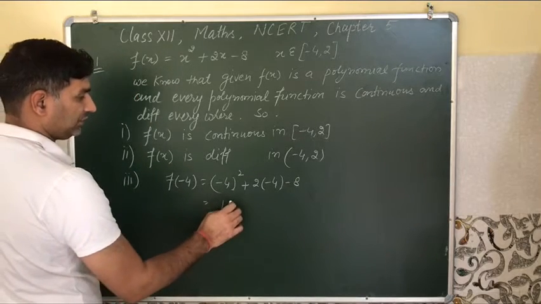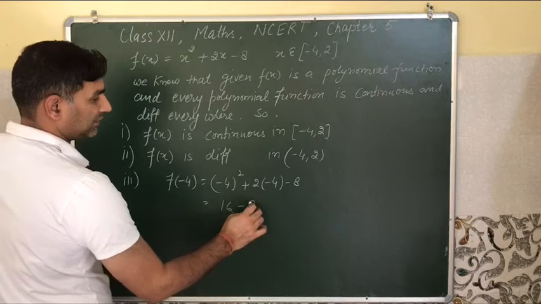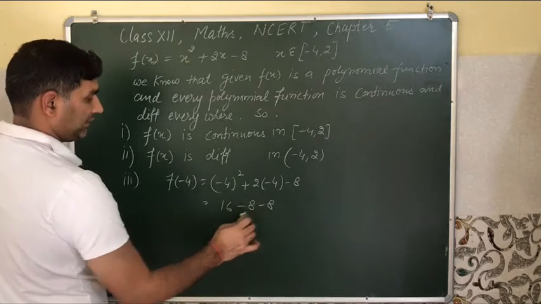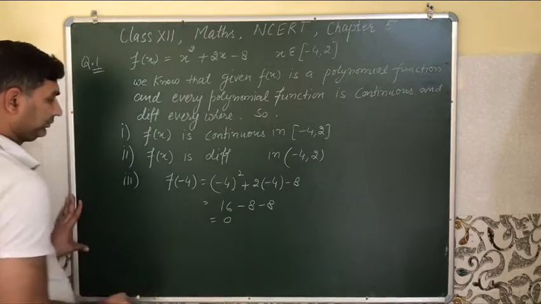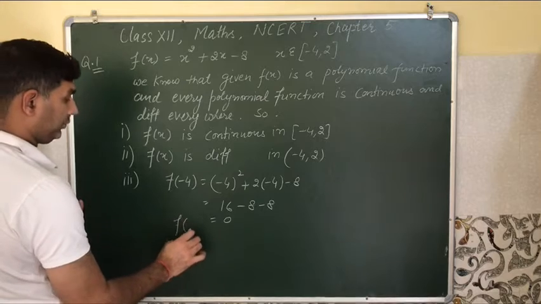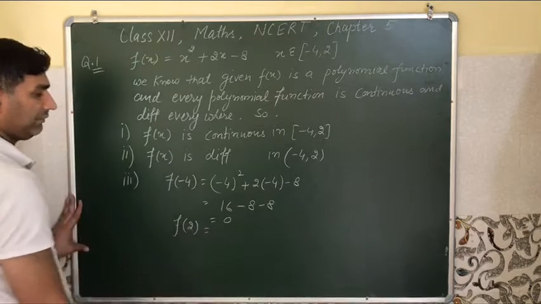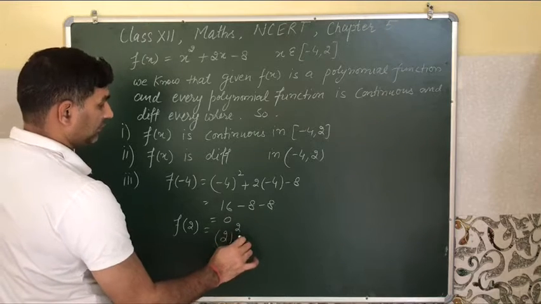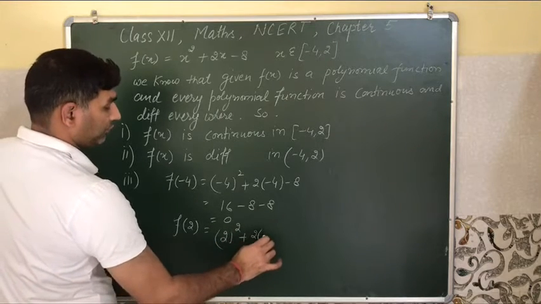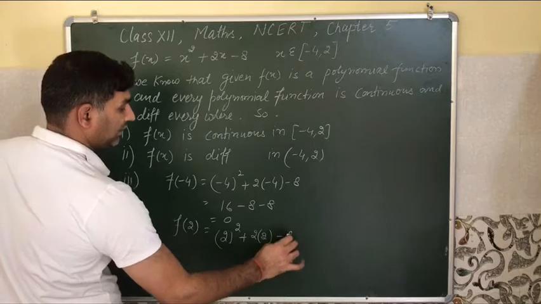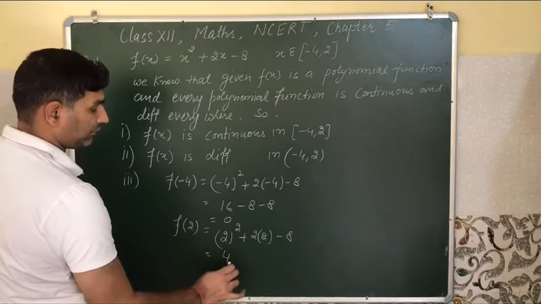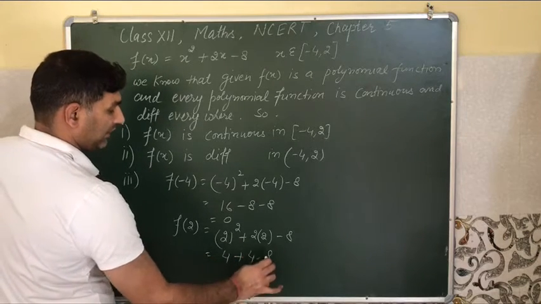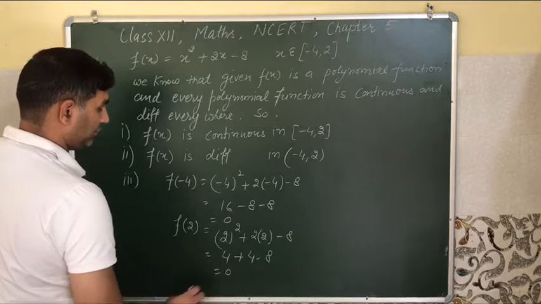Then this value is 16 minus 8 minus 8, this value is 0. And f(2) is what? 2 square plus 2 into 2 minus 8, this value is 4 plus 4 minus 8 is equal to 0.